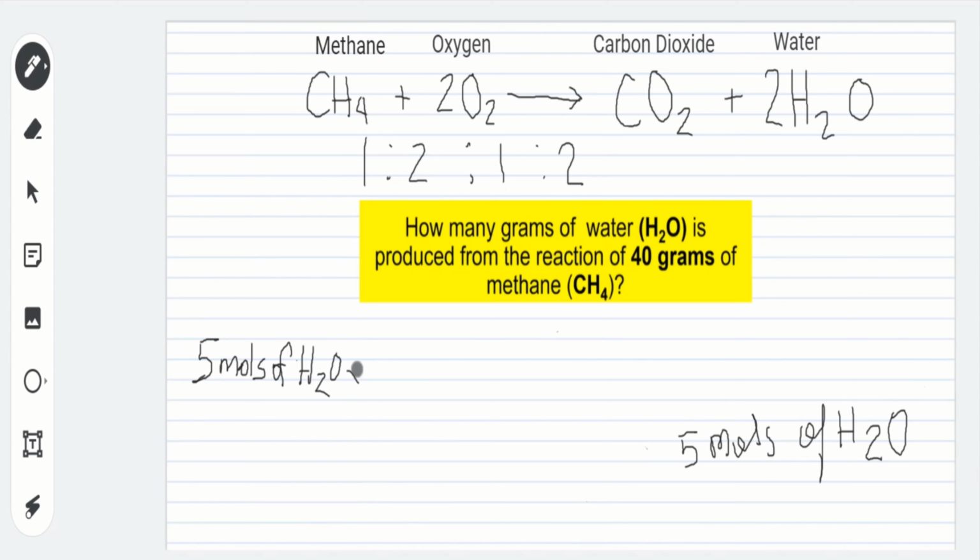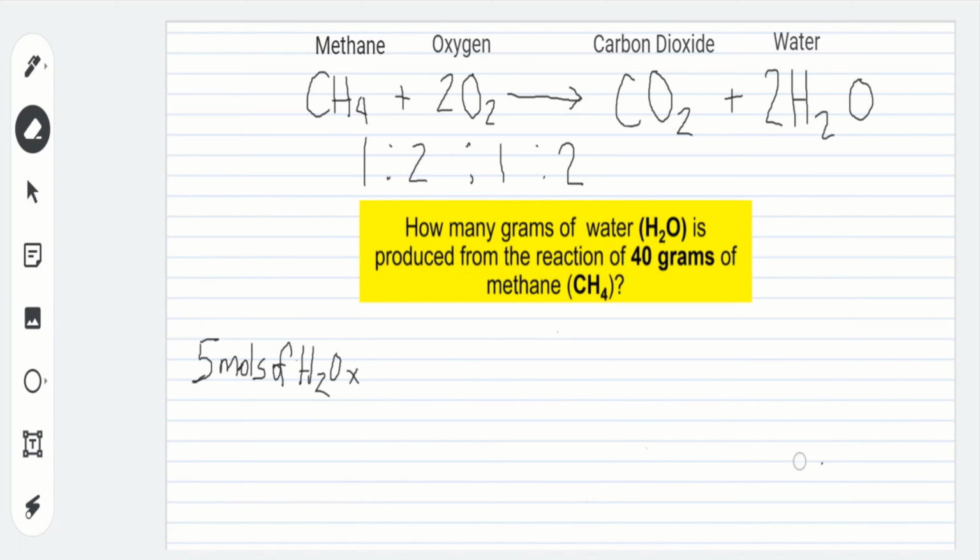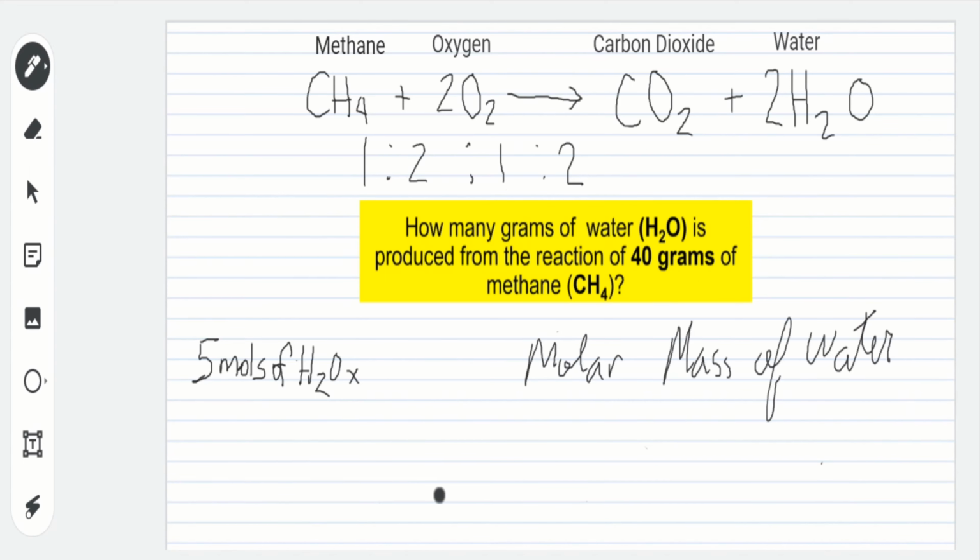Okay? So, gaya ng ginawa natin kanina sa paghahanap ng molar mass ng methane, of course, we have to know the molar mass of the elements that compose the molecule of water. So, erase ko muna ito. So, for the molar mass of water, lista natin lahat ng elements.